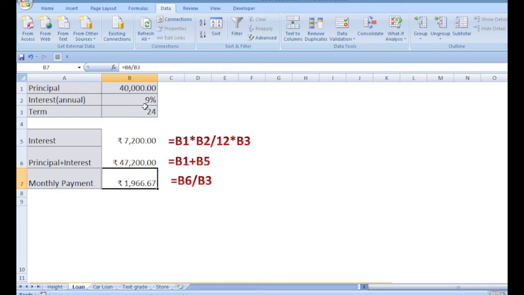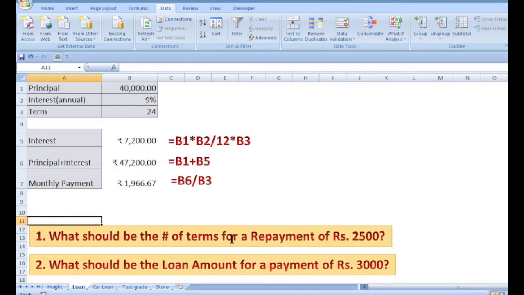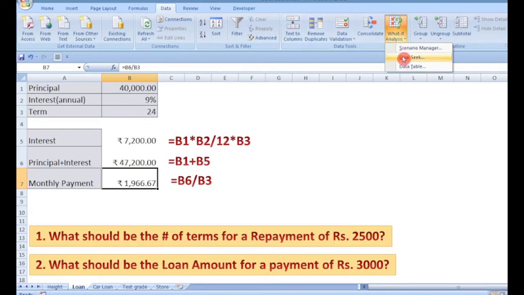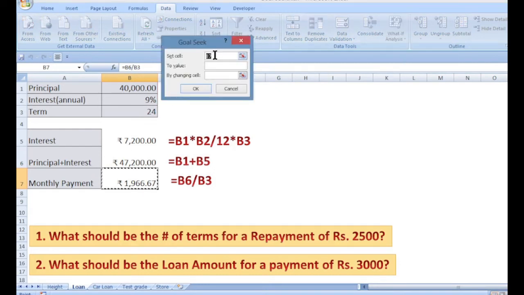So the question may be like this. What should be the number of terms for a repayment of rupees 2500? So instead of 1966, I am ready to pay 2500, but I want to change the term. Go to goal seek analysis. B7 is already placed in the set cell. What is the value you want to set? It is 2500.